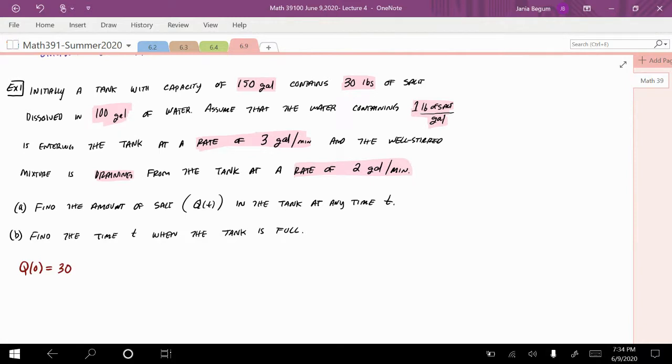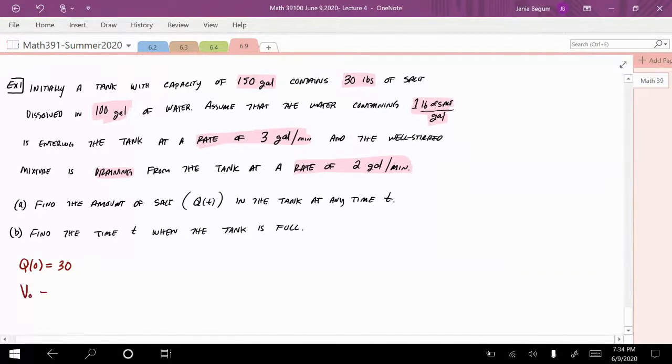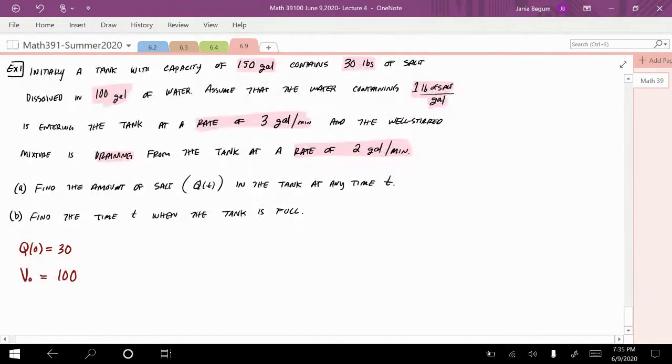It's dissolved in 100 gallons of water. So what does that 100 gallons represent? V of 0? Yep, so that's V sub 0, or V naught, I think that's the reading of this. So that's 100 gallons. And then assume that the water contains 1 pound of salt per gallon entering the tank at a rate of this much.